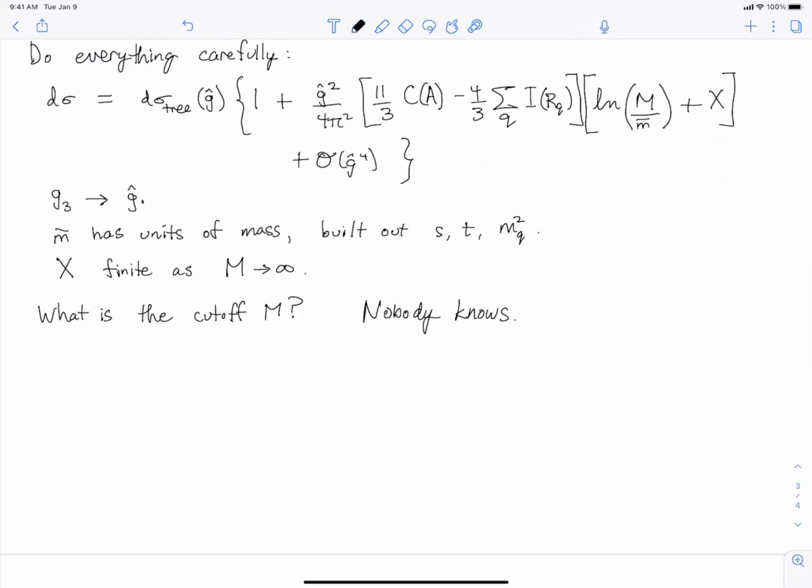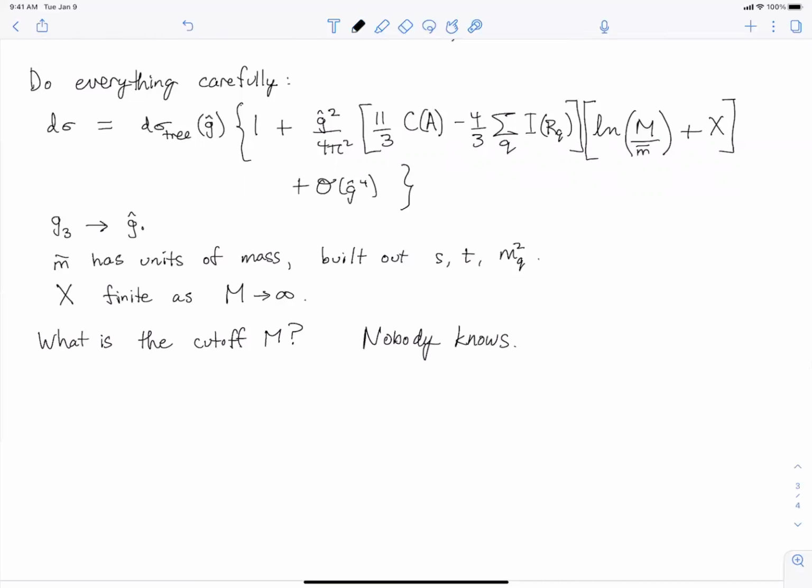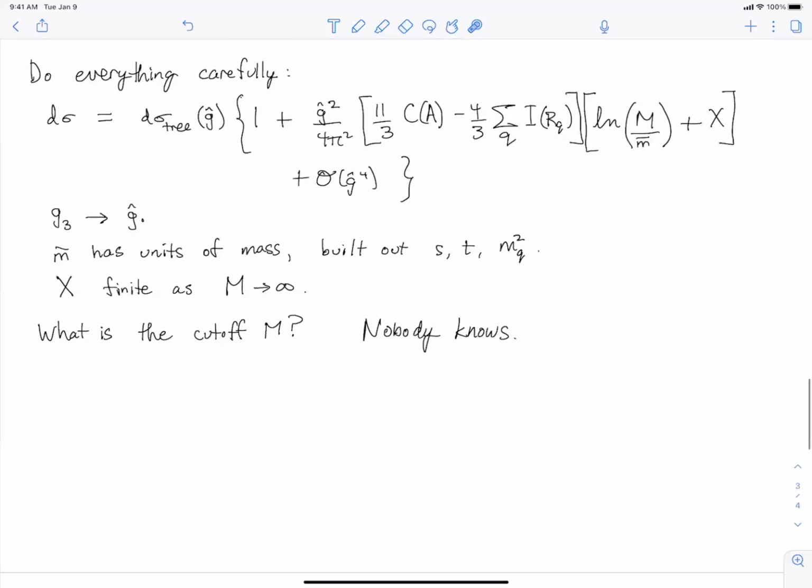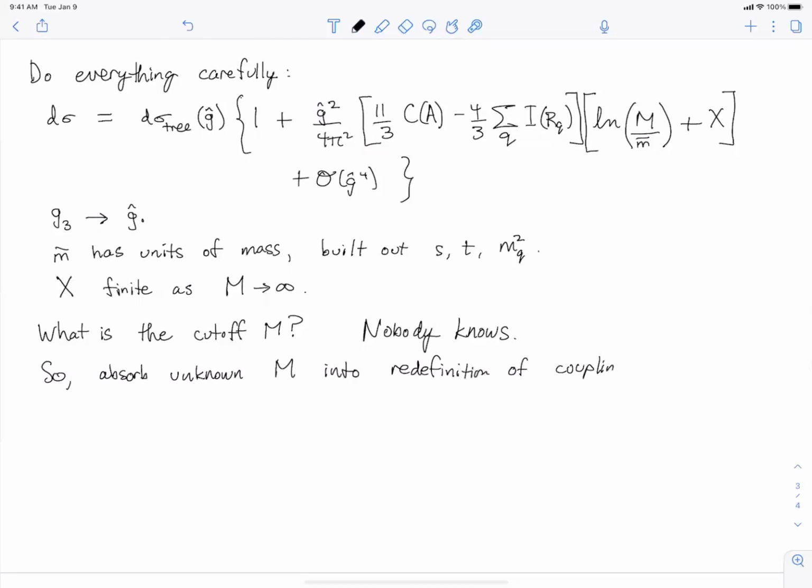So at first, it looks like we're in big trouble because we've got an answer here that depends on something that I just admitted to you we have no way of knowing. The way out is we're going to absorb this unknown m into a redefinition of the couplings, which are also arbitrary, but at least those we could measure.